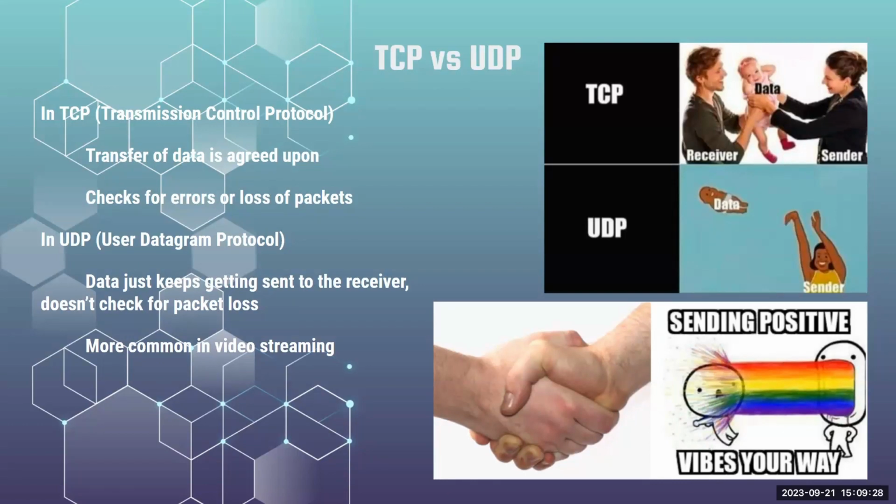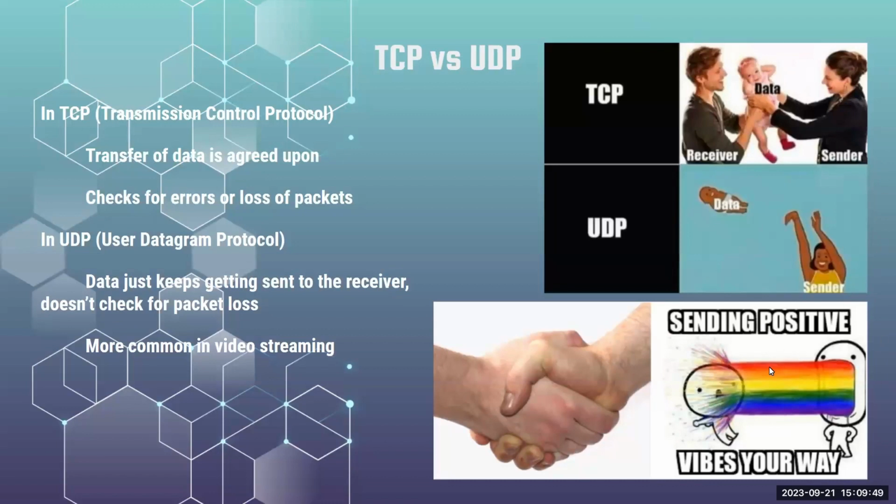In UDP, it just keeps getting sent and there's no check for data loss. That's more common in video streaming since there's numerous amounts of people that are trying to see the same thing. And that may be why you see it buffer sometimes if you're ever streaming something.